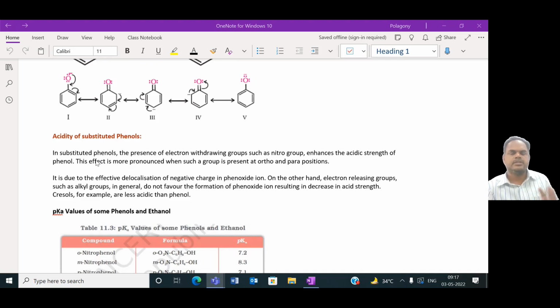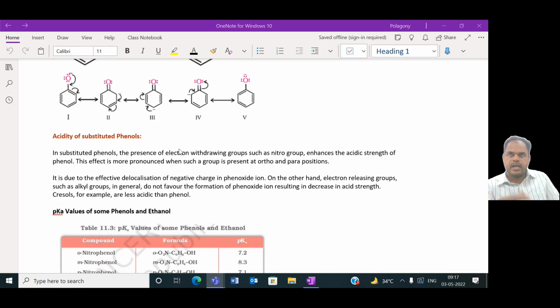As a result of this delocalization of charge and electrons in the ring, the phenoxide ion is more stable, and the charge density or the delocalized charge will be on the ortho position and para position. And finally, the proton liberation takes place.